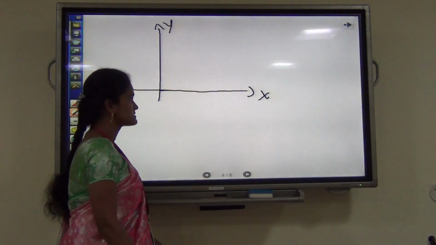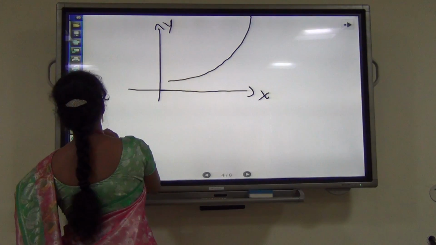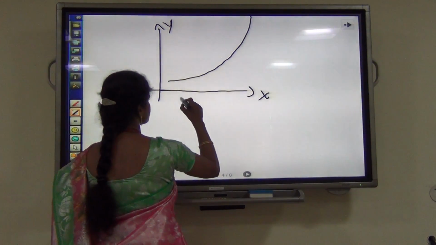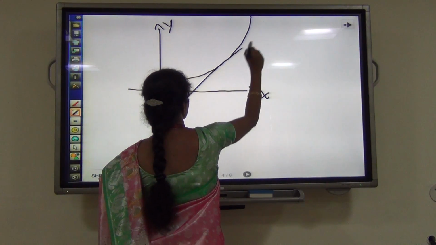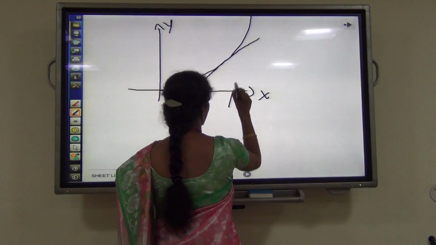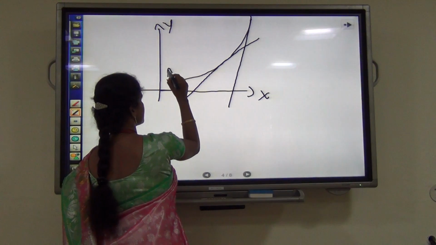I'm just taking a curve like this, drawing a tangent here. And here it starts at A.